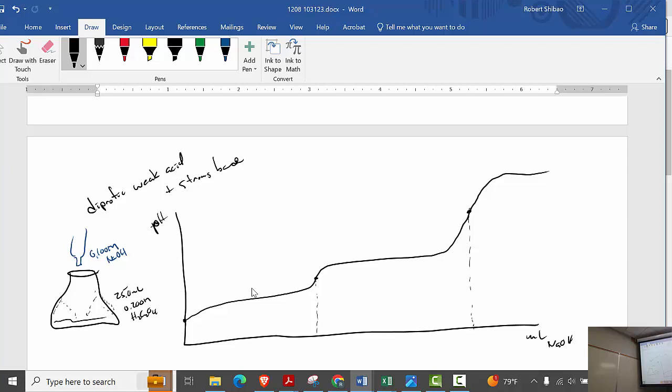How about the first equivalence point? 25 milliliters? In the last example, it was 25 milliliters because it was an equal amount of acid to base.